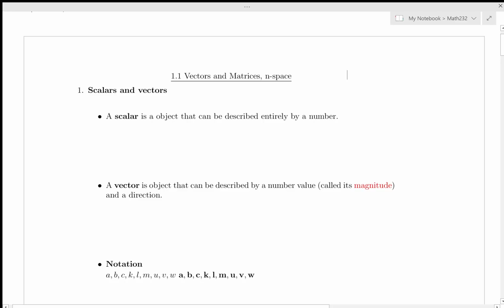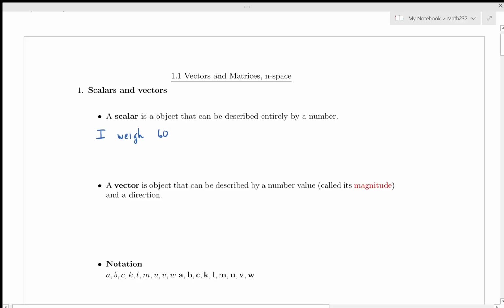Okay, so we're going to start with the words scalar and vector. A scalar is an object that can be described entirely by a number. I'm just going to give a few examples of this. I weigh 60 kilograms.